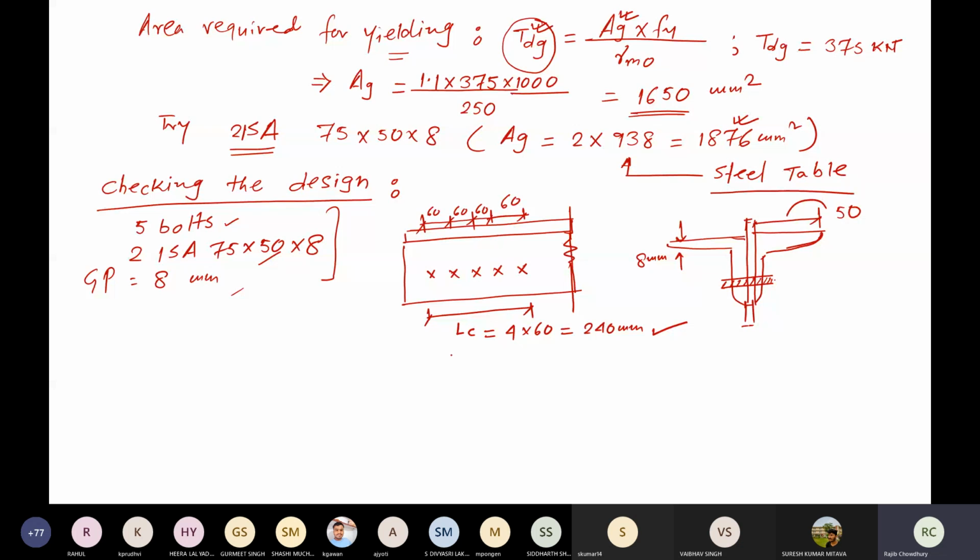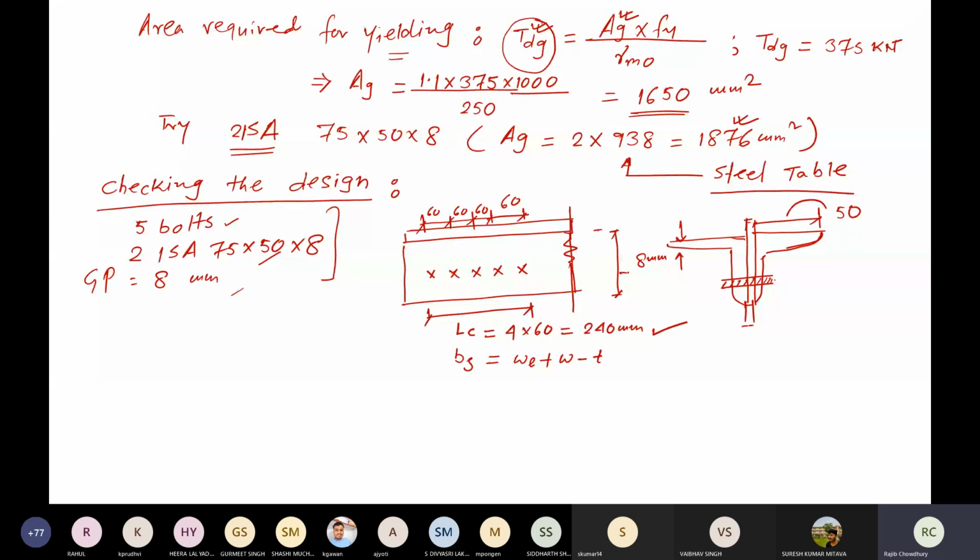Then I am going to calculate, again with the similar process as in the previous example, the length of the shear lag. What is the formula? The formula would be W plus W minus T. So this entire thing is your 75 mm.